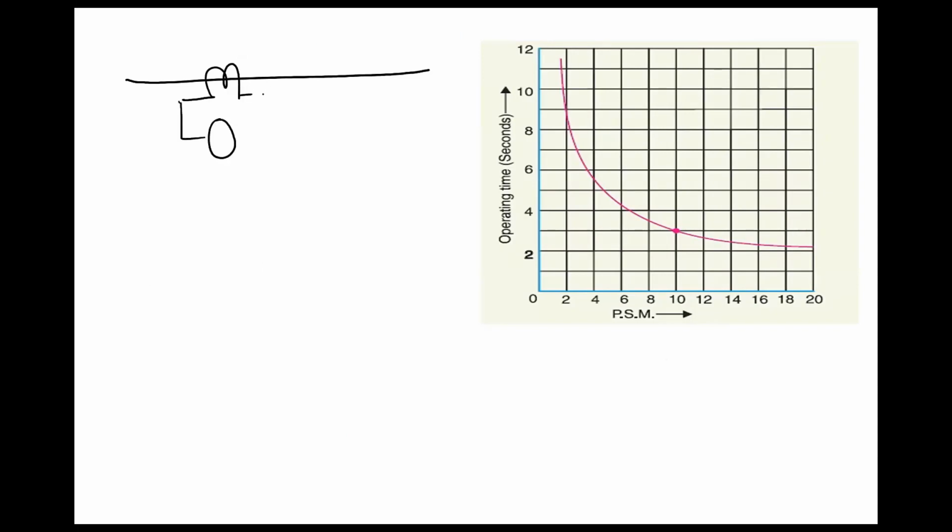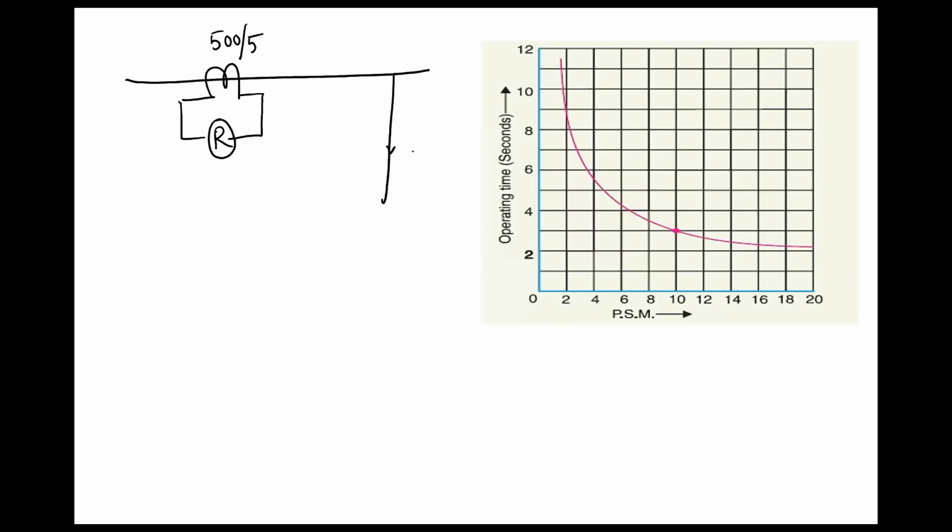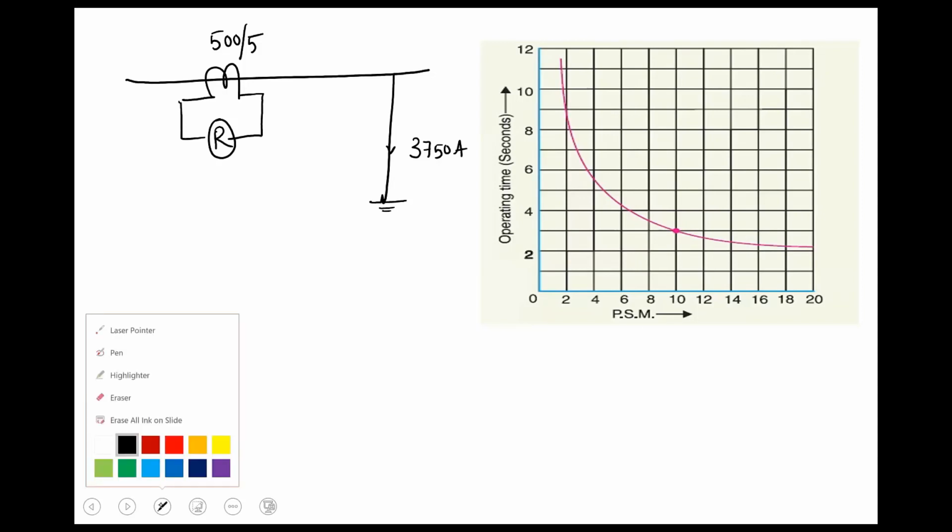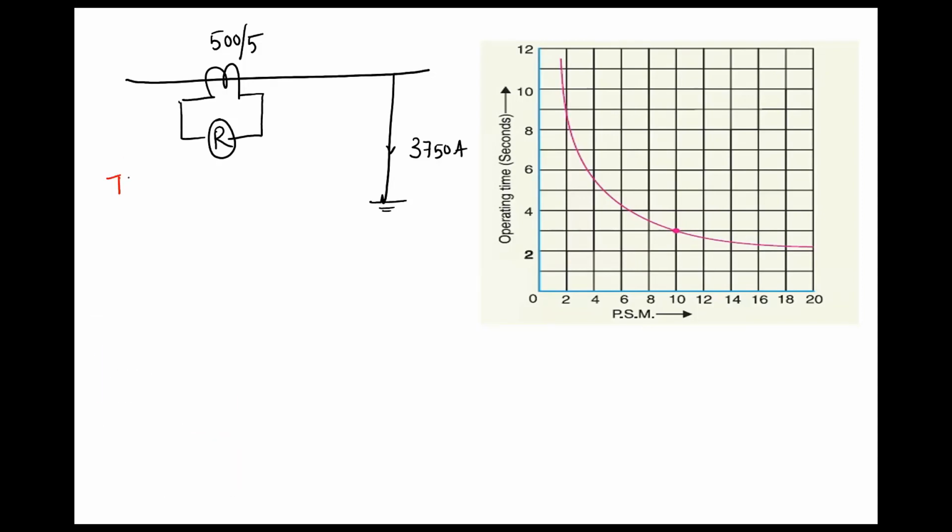Overcurrent relay, let us say, this is the relay. And suppose here the CT ratio is 500/5. My fault current is 3750 ampere, TMS value is 0.5, and current setting is 125%.